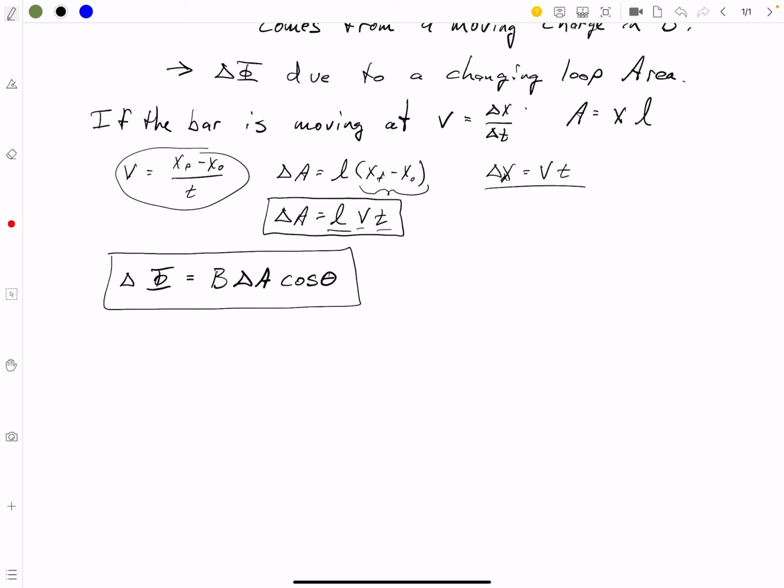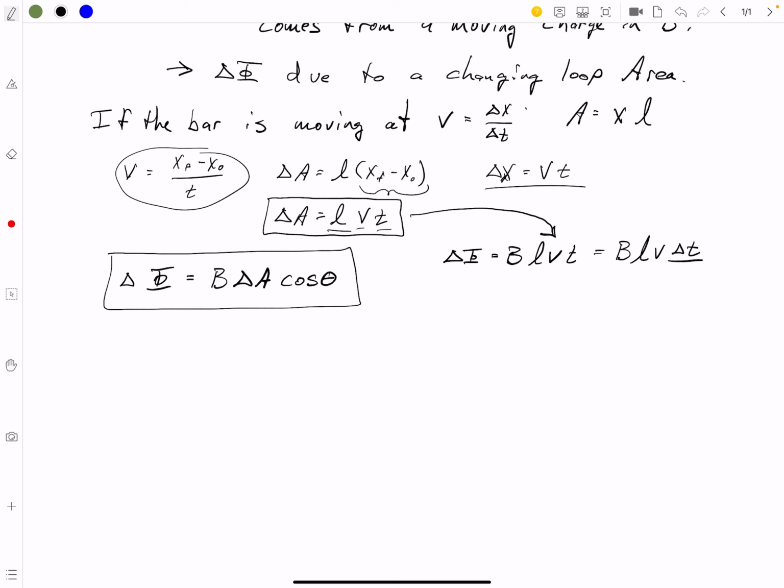We are working with theta equals 0, so we can now step back and do delta phi is equal to our B, and then I'm going to write LVT for our delta A. Now, I wrote the t differently, but I really should have written it like this, because you'll see why in a second.